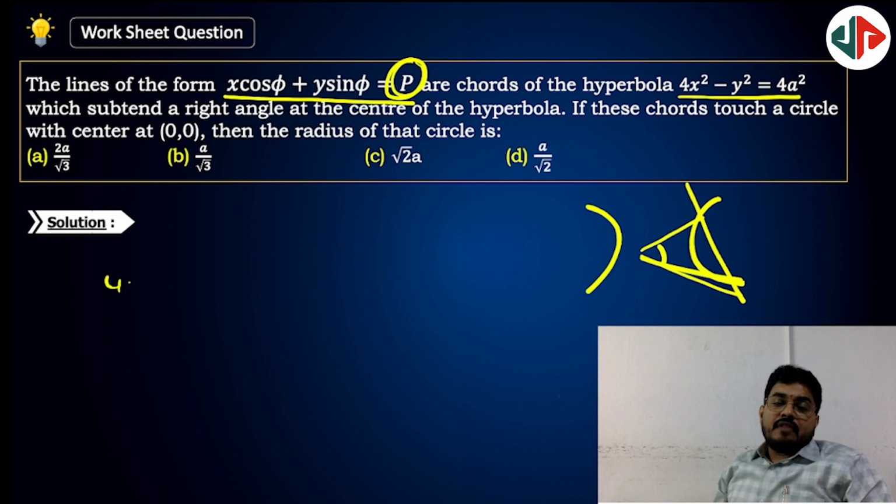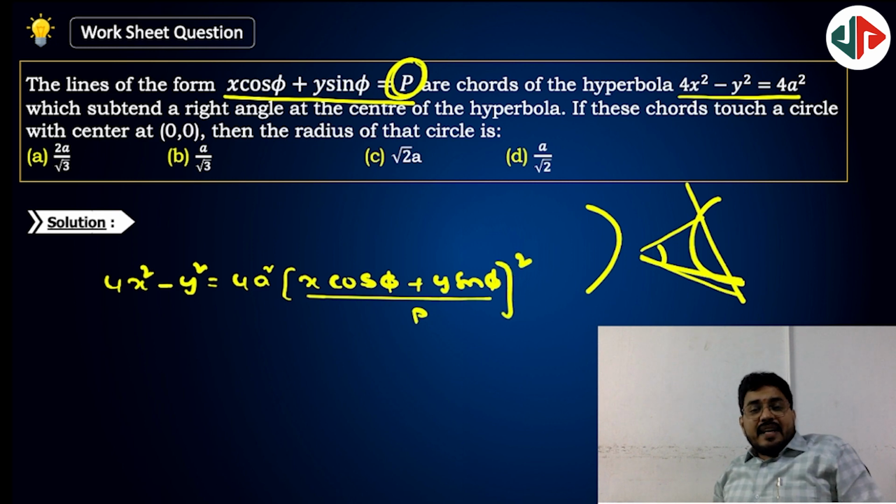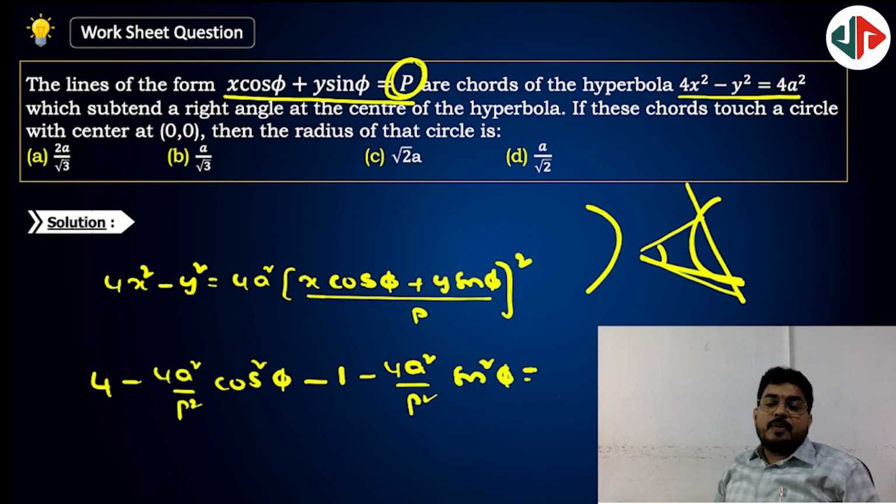Homogenize simply: 4x square minus y square is equal to 4a square into the homogenization (x cos phi plus y sin phi) by p, whole square. They are at right angle. The x square coefficient 4 minus 4a square by p square cos square phi, plus the y square coefficient minus 1 minus 4a square by p square into sin square phi, should be equal to 0.